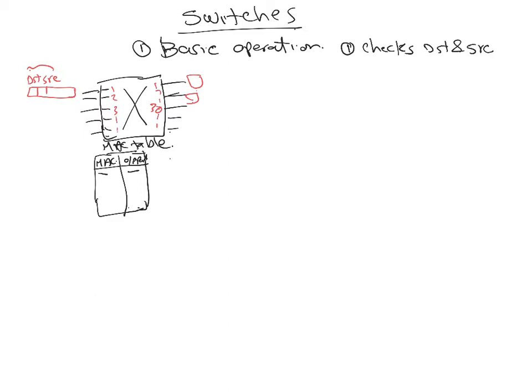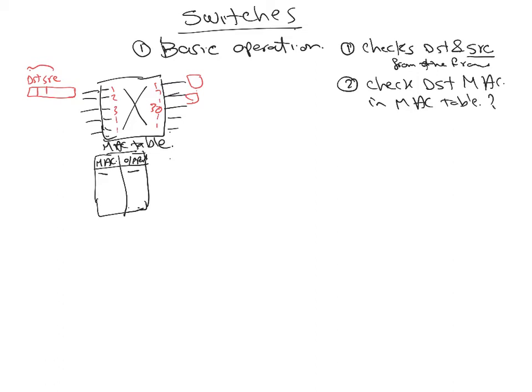This is the minimum number of fields that any switch would read, and we'll talk about why we need to read the source MAC address as well. So the switch reads the destination and the source from the frame.